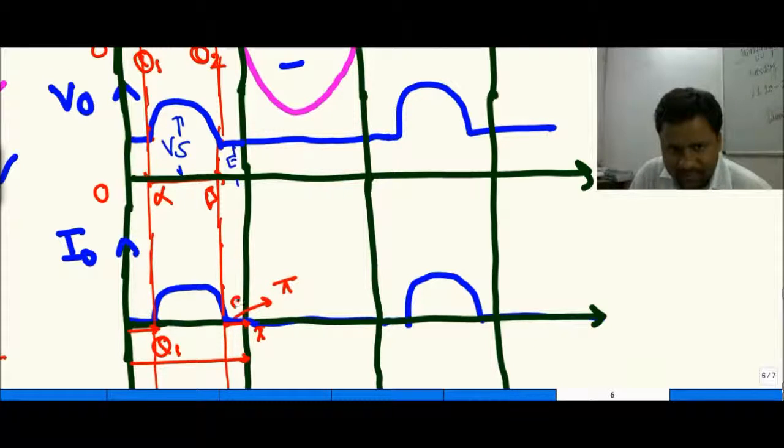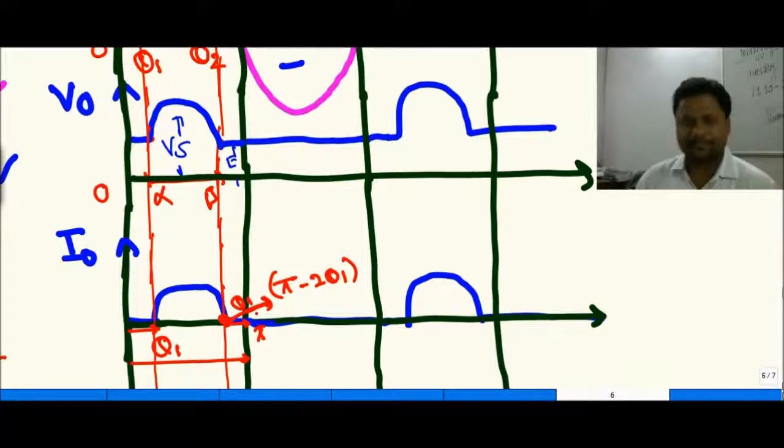Theta 1 we can assume, so it is pi minus 2 theta 1. This point is called pi minus 2 theta, basically this point.